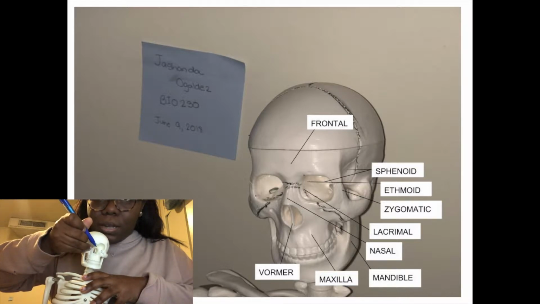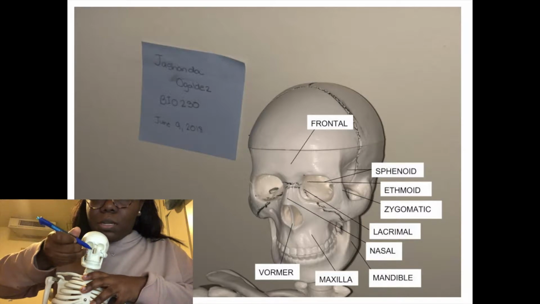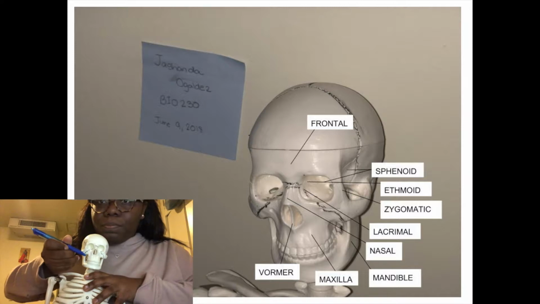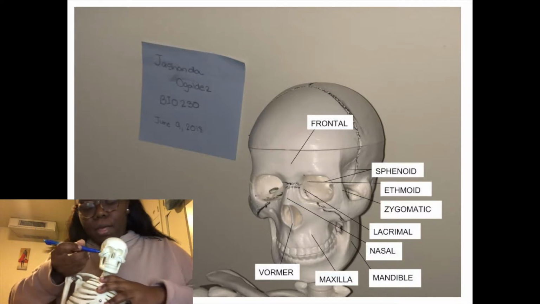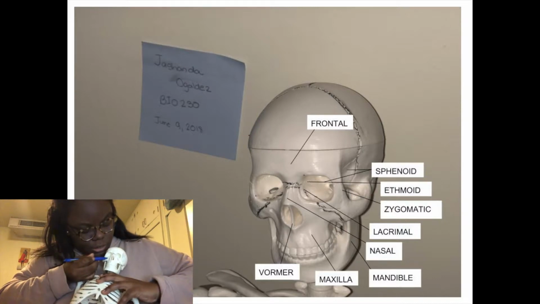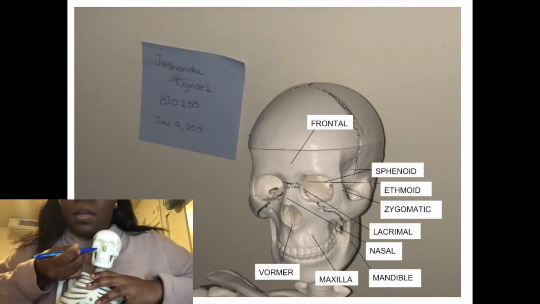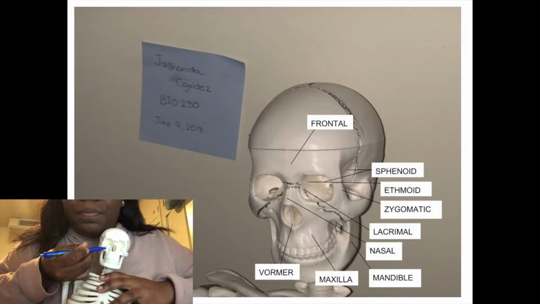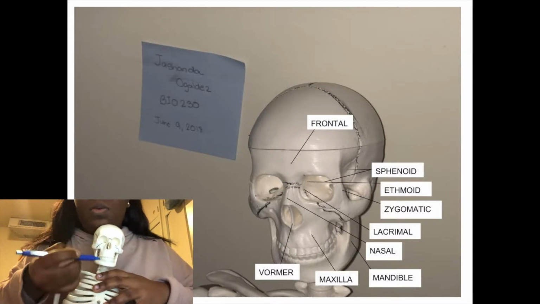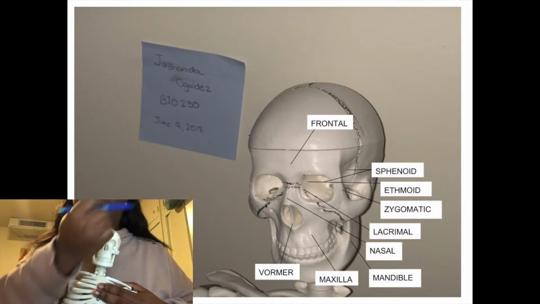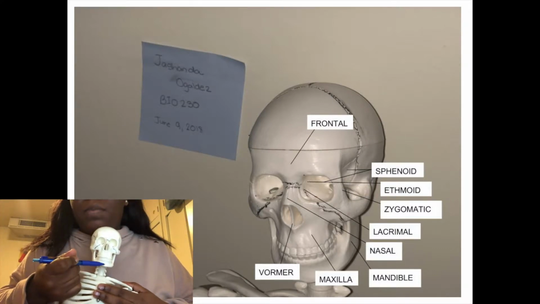The ethmoid, which is right inside. The maxilla, right here. The zygomatic, which, as you can see, is right in there. If anything you can't see, please refer to the picture that I will put labeled. And this is the mandible.